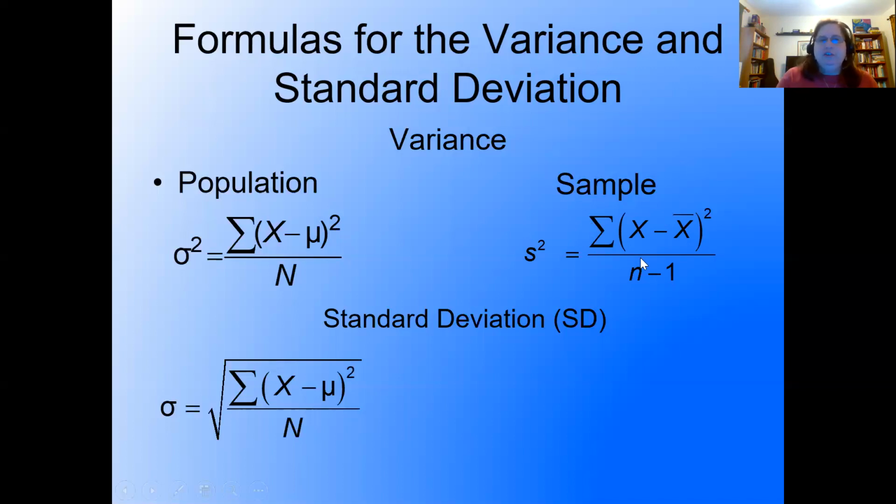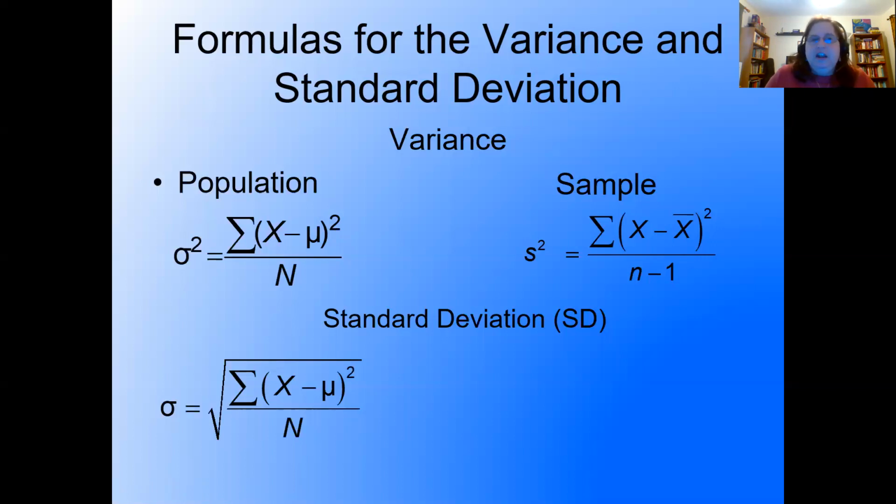Here's where it's different. Over here, by population variance, we divided by the number of scores. In sample variance, we divide by the number of scores minus 1. So if you had 5 scores, you'd be dividing by 4. If you had 11 scores, you'd be dividing by 10.